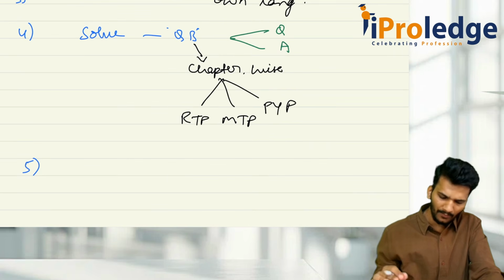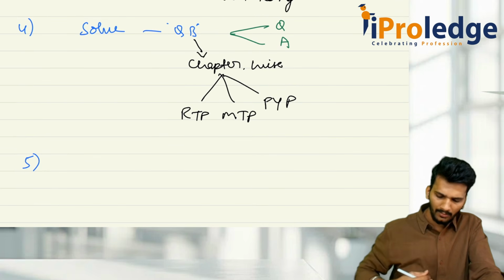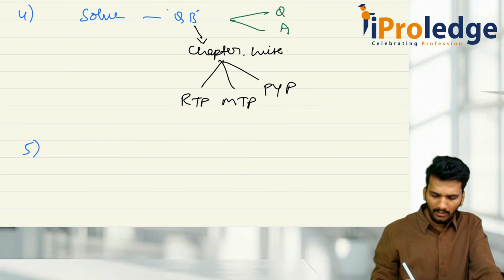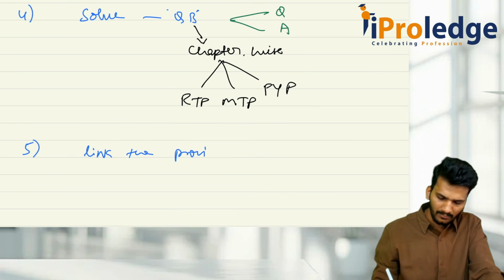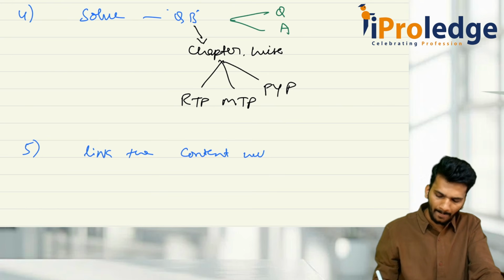Other things. One very important thing for you people, as I told, I will write it for your noting down: link the provisions, or I can call it the content, with the respective provisions.